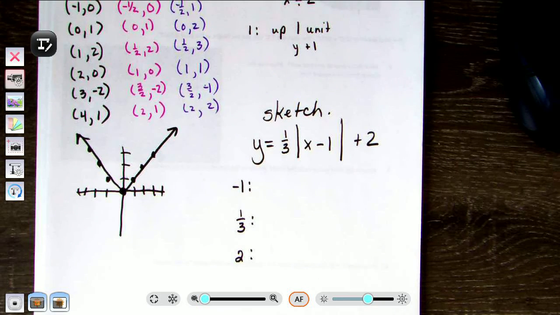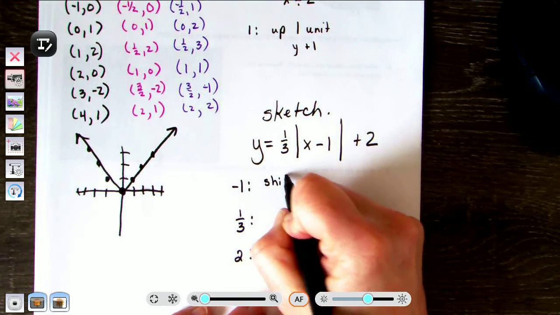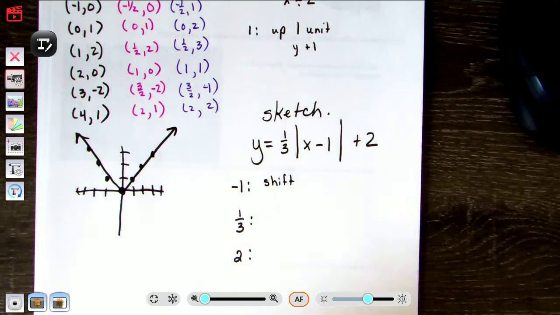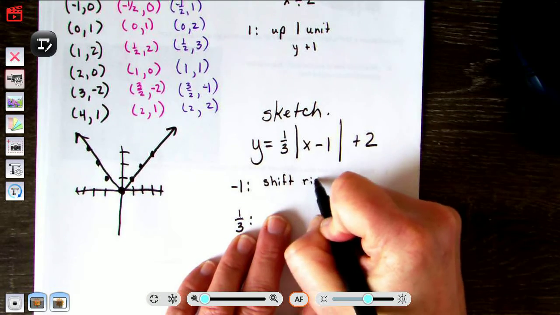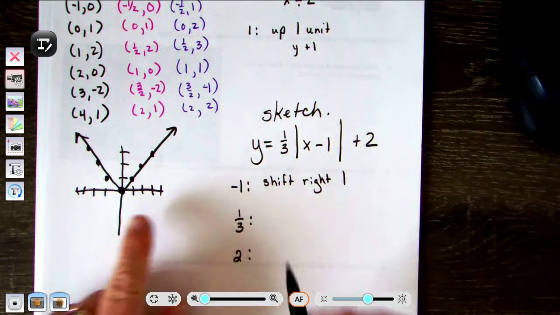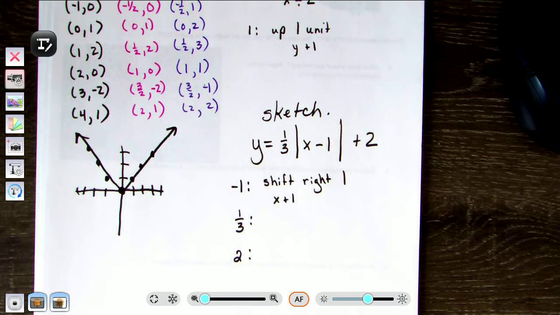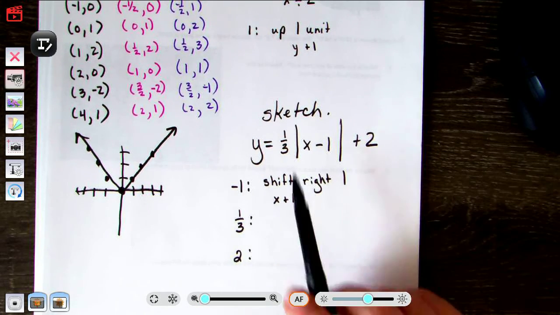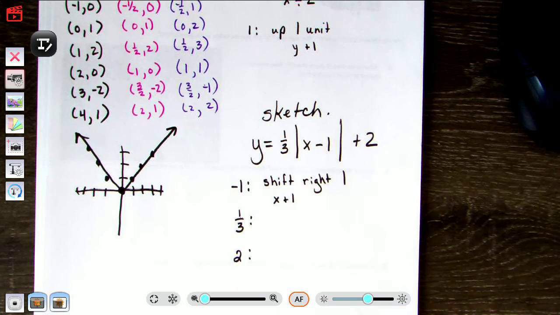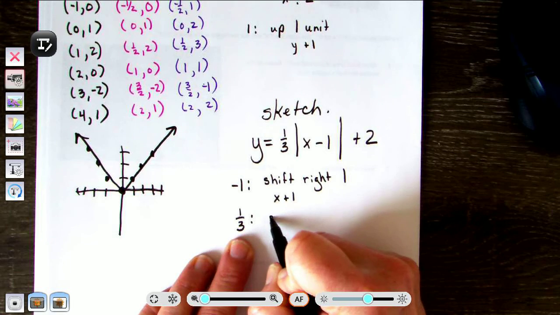So this minus 1 is inside our function, so it's going to be affecting our x values, and it's going to shift things not in the negative direction, but in our positive direction, so shift things to the right 1 unit. And we can see that happen if we take our x's and add 1 to them. Then we'll take care of the next step. So the 1/3 is on the outside, so it's going to affect our y's, and since it's less than 1, we will see a shrink.